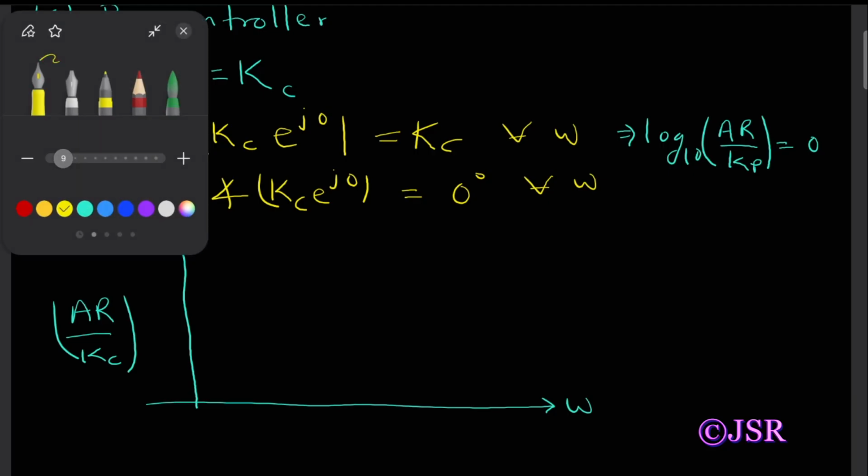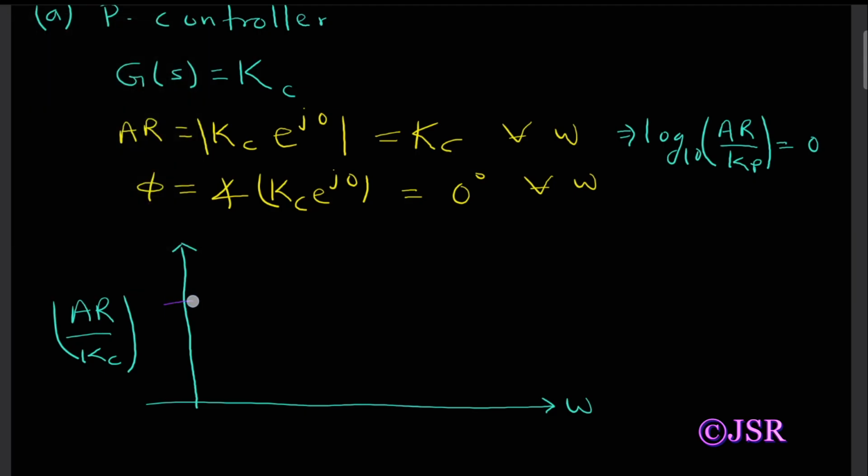So in this case we will be having 1 here, and let's say 0.01 here, this is 1 and this is 100.